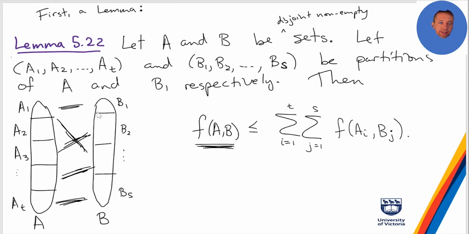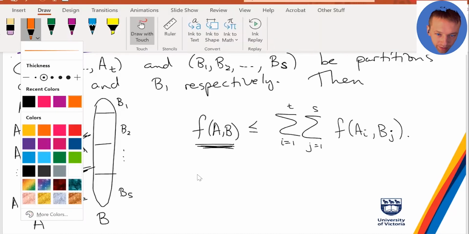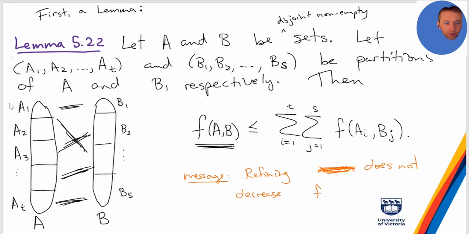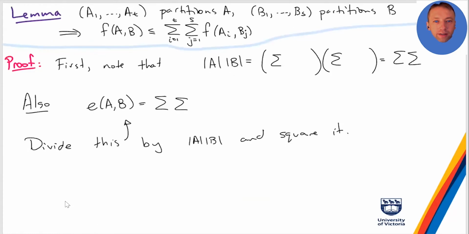The message again is that this inequality goes in the right way: refining does not decrease f. Is that clear?